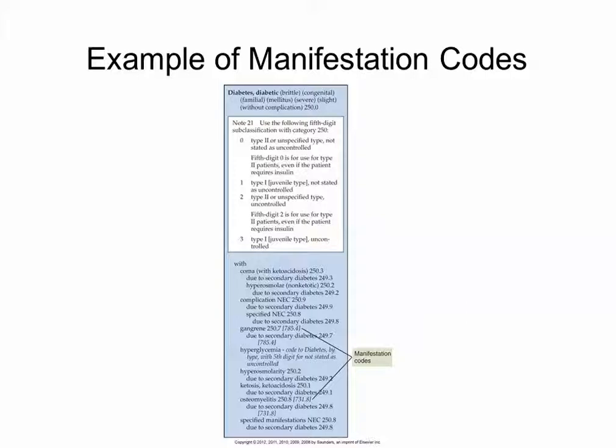It's modifying what I'm reading, but it's not essential. It's not necessary for me to do the job. You will also see it here, coma with ketoacidosis. They may just say coma, but they may say ketoacidosis. It's not necessary, but it's there to help you.